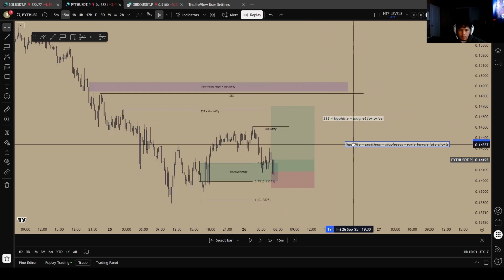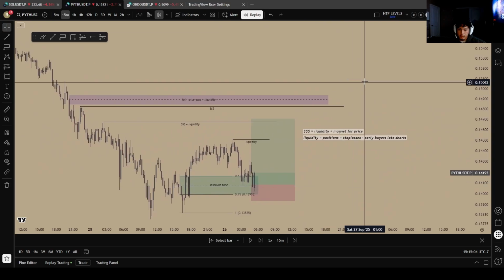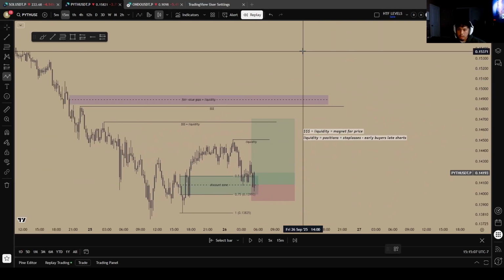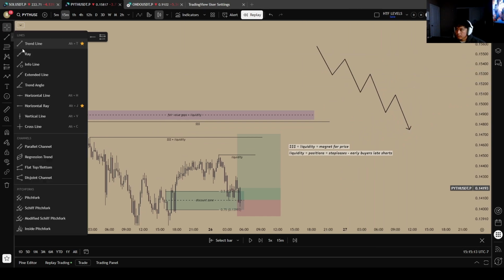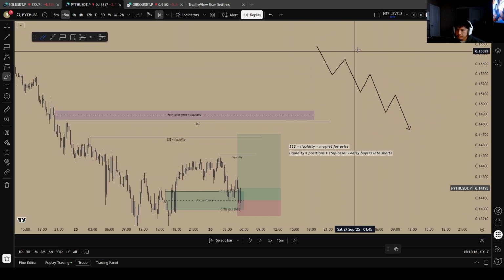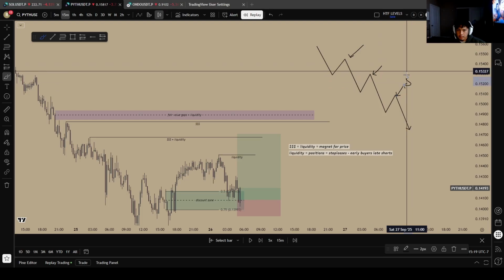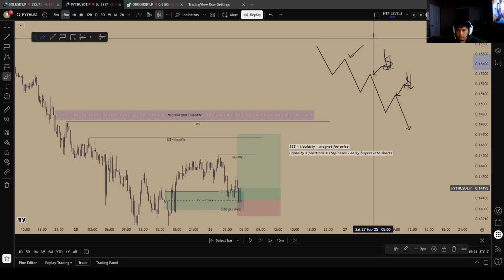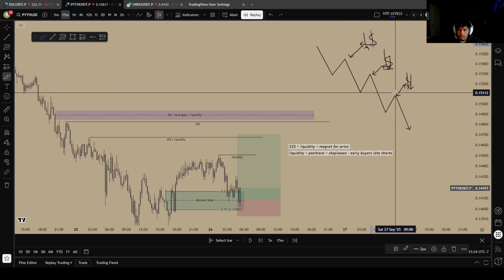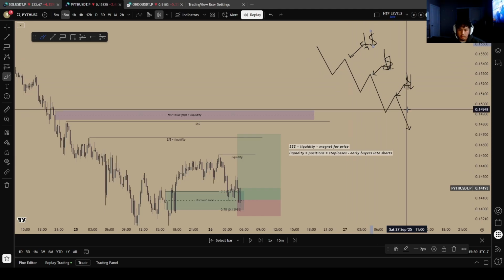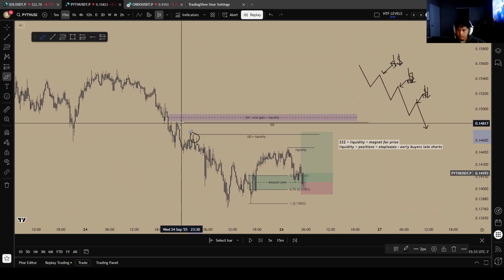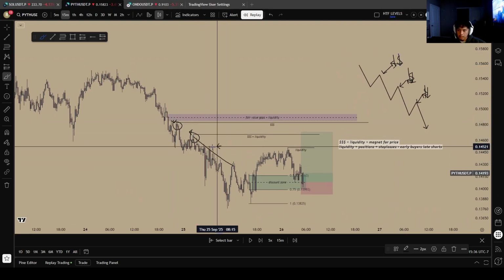Okay, that's what liquidity is. And how to identify that is pretty much when the market is trending down. Like this. These highs right here equal liquidity. These are the late shorts, right? These are people who open up shorts and they never closed it, or they have stop losses here. Okay, this is liquidity.